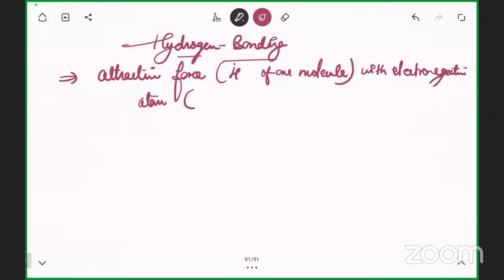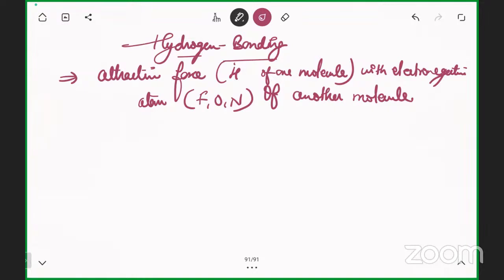Just remember one thing, only fluorine, oxygen and nitrogen of another molecule. So it's a sort of attraction between the hydrogen of one molecule and the electronegative element of another molecule. And that electronegative element must be either fluorine, oxygen, or nitrogen. So 3 atoms are there, fluorine, oxygen and nitrogen.